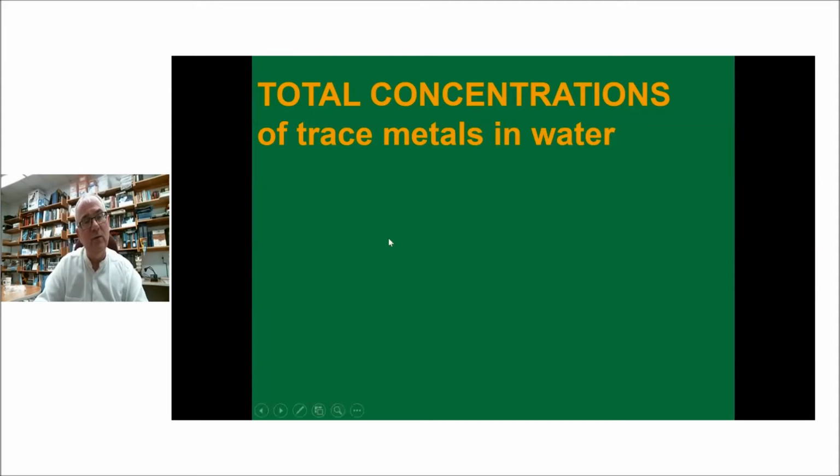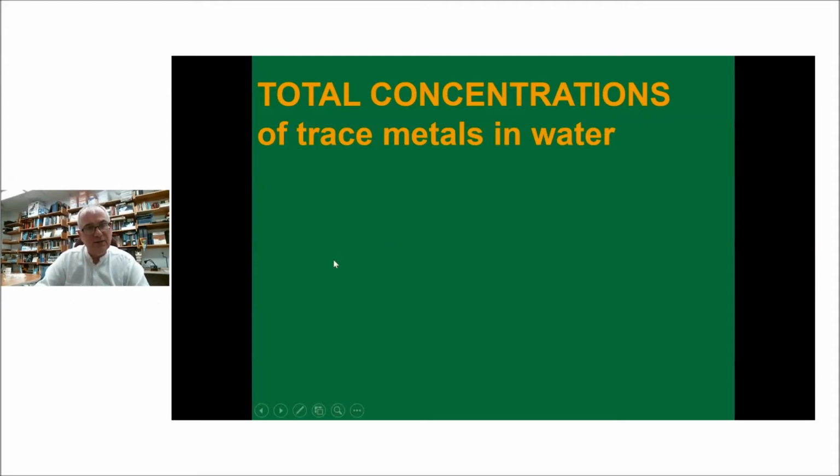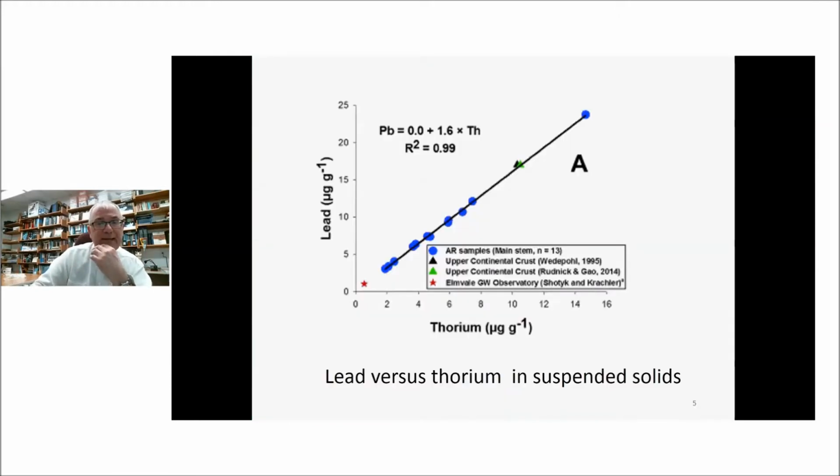We also have been working on total concentrations of metals in water. Some people want to know the total amount that's in the water. Again, this is Babar's work, and he's collected the particles that are suspended in the water, and those particles are digested and analyzed.